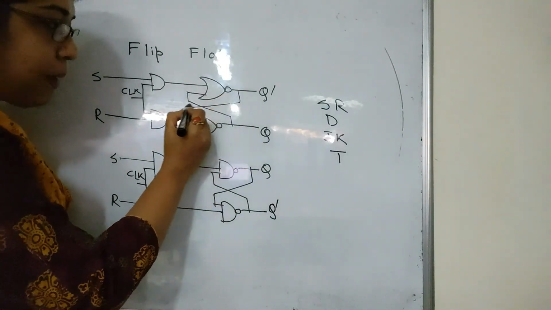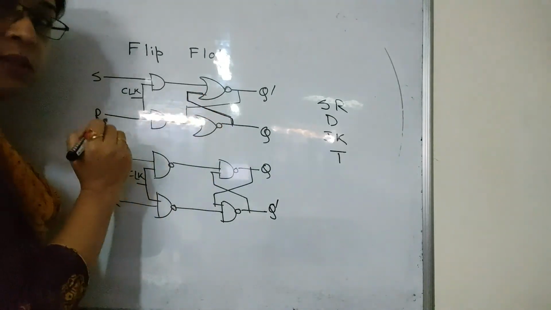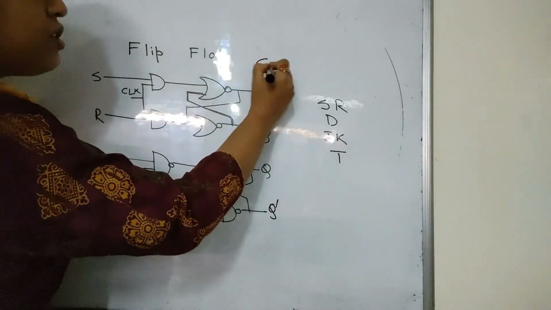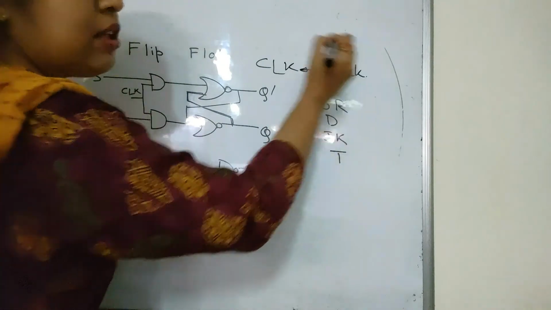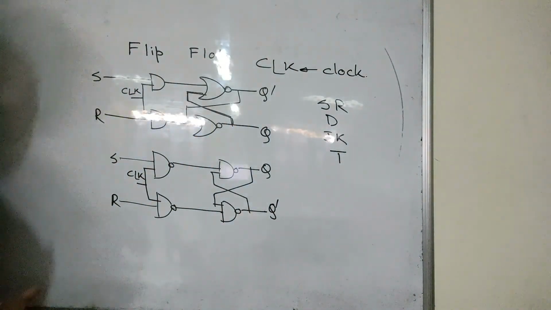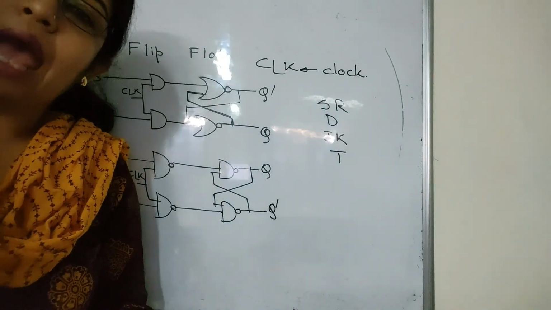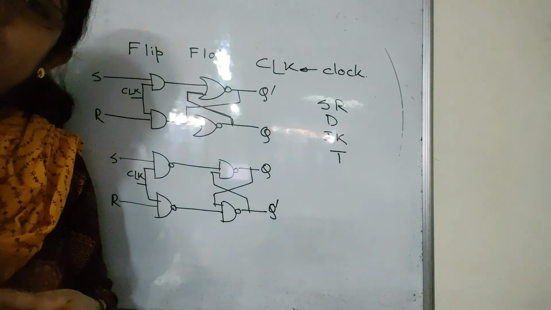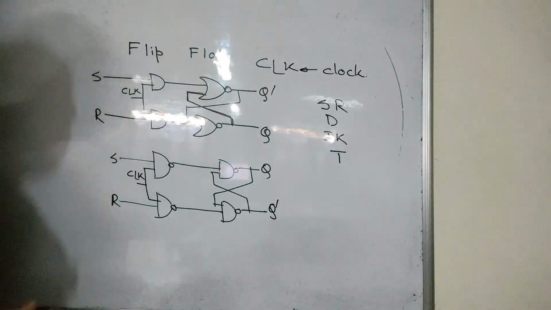These are the feedback lines, and this is the CLK. CLK stands for clock. This is the clock signal. Now what does the clock signal do? The clock signal either activates or deactivates the flip-flop.